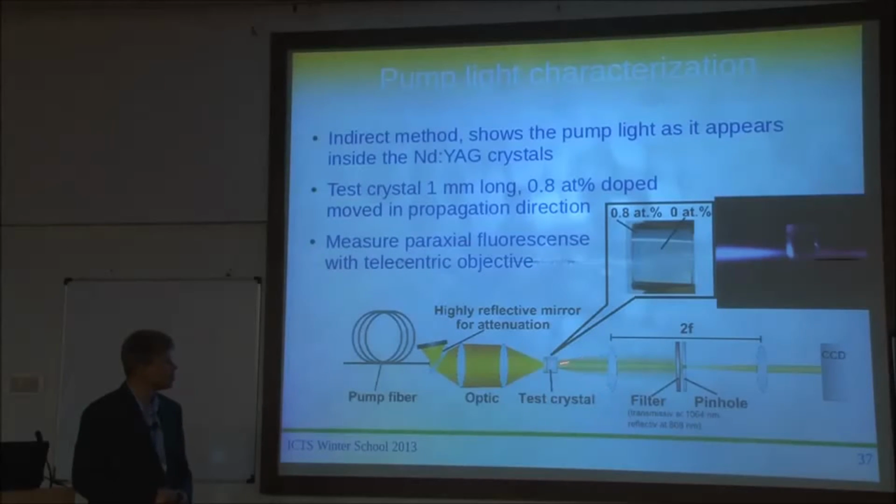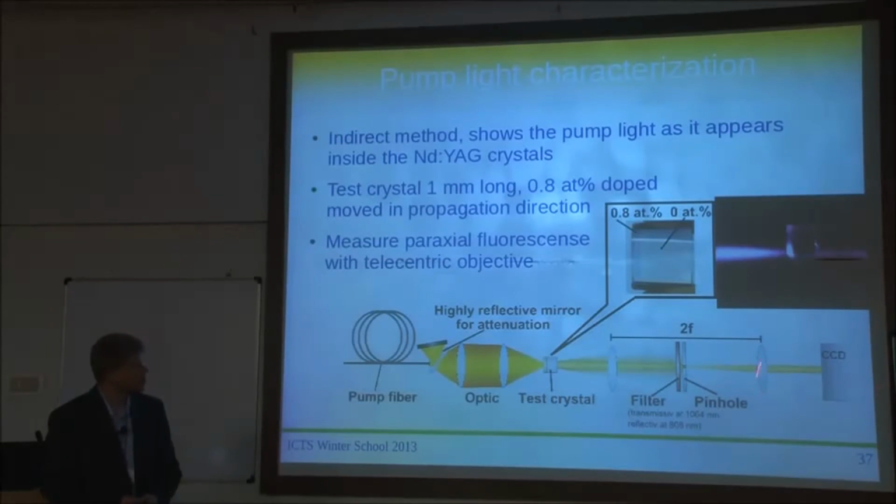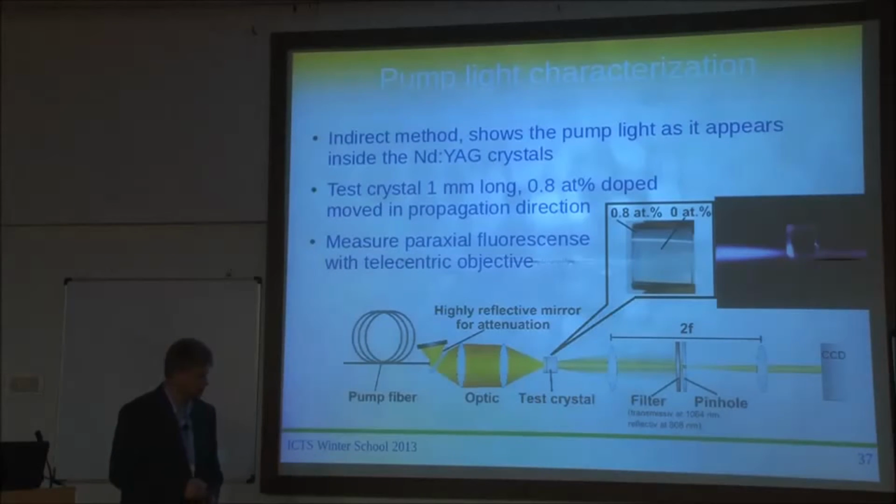So you have this light coming out in all directions here. You put a 2F imaging optics in between, and then you have this pinhole, which is the key component, which ensures that you block all the light which is not coming paraxial out of the crystal, and then you image that on the other side to a CCD camera.